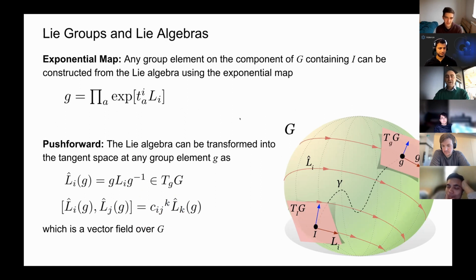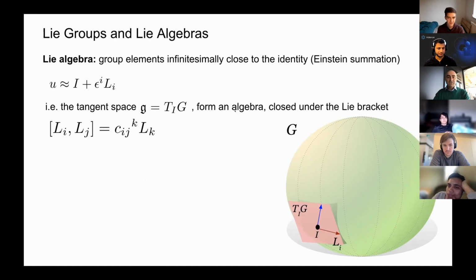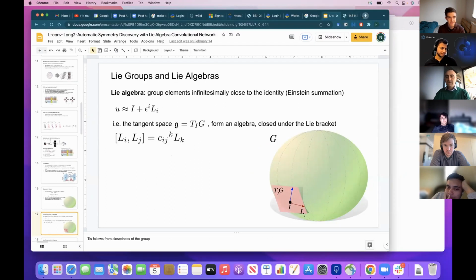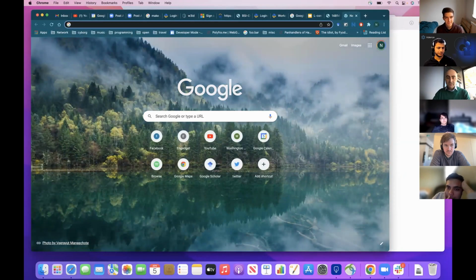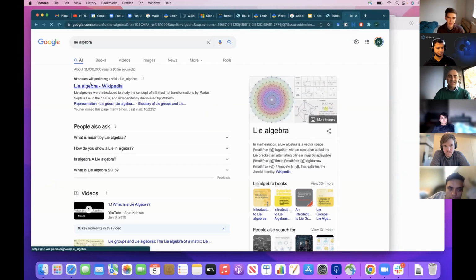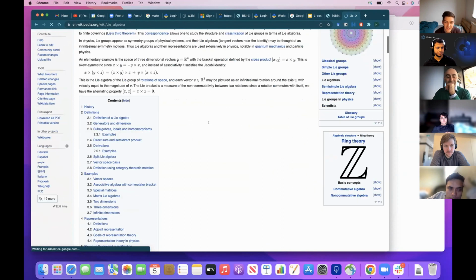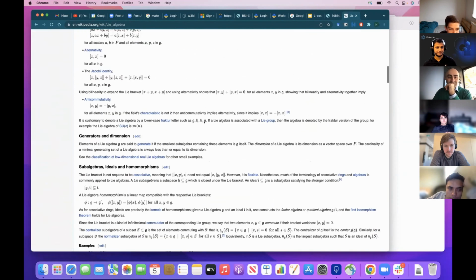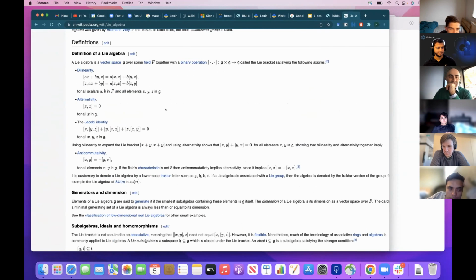So let me see if I can open this. Oh, yeah, got it. I'm just going to quickly show you, from the Wikipedia page, just a couple of examples here. And let me zoom in here.